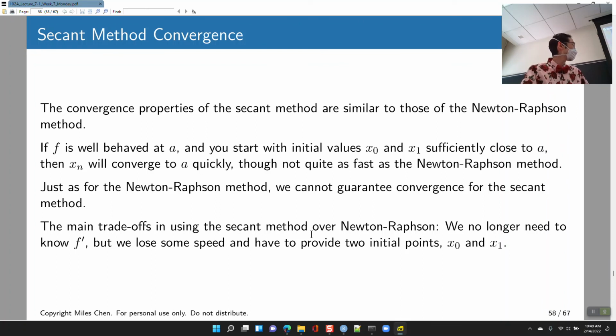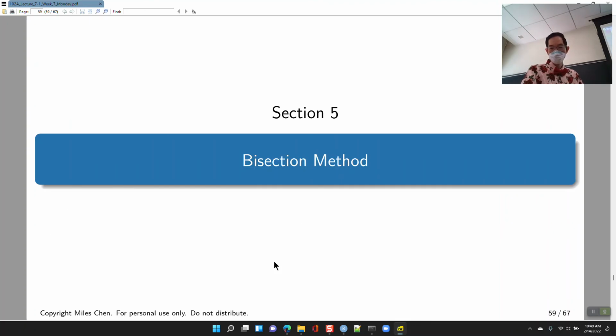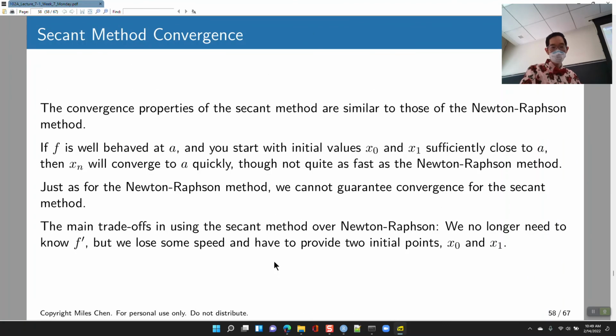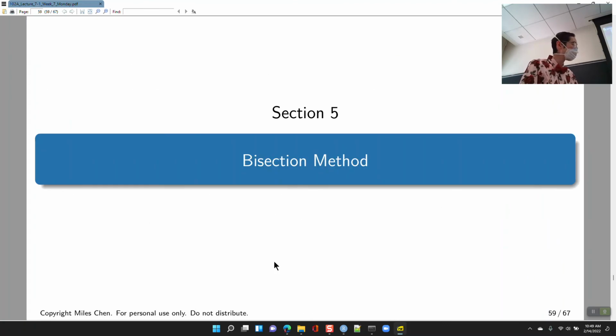The trade-offs are you don't need to know the derivative f prime, but you do have to calculate the values at two locations. All right, I think we're out of time for the bisection method, so we'll have to cover this later. And then we'll talk about approximating derivatives and whatnot.